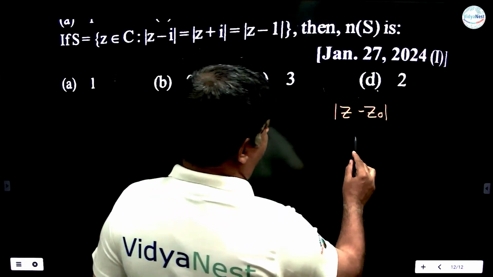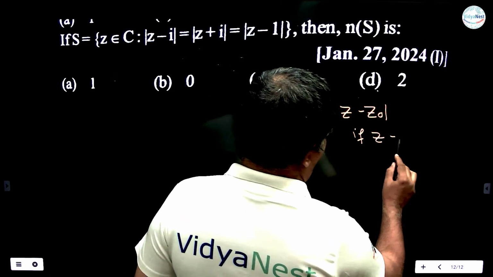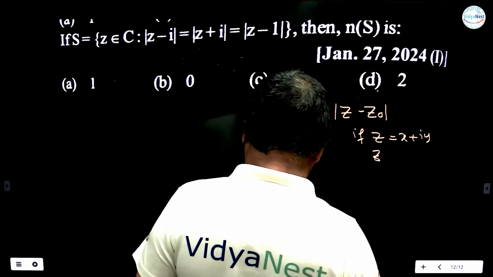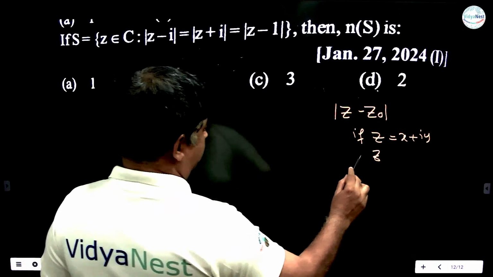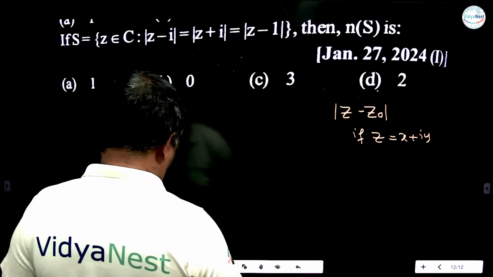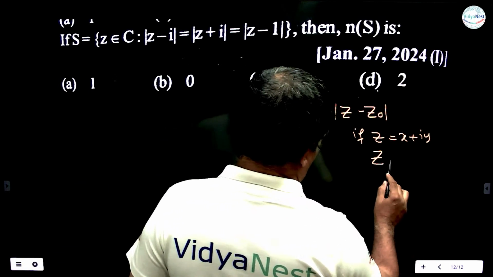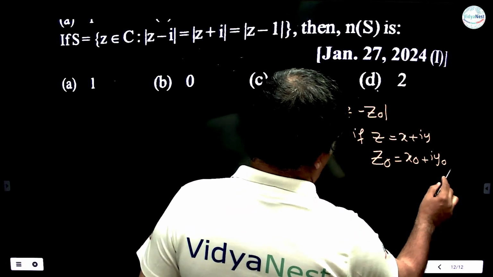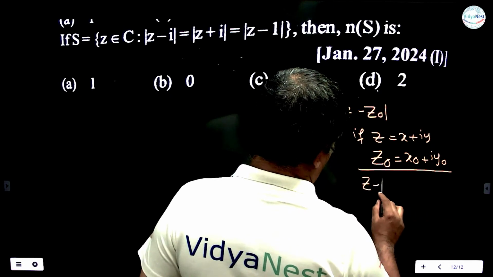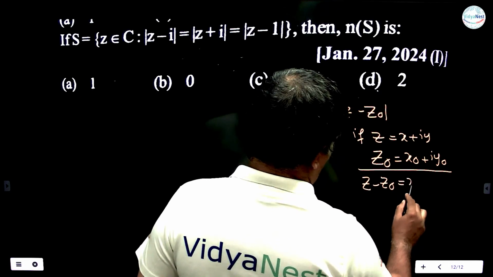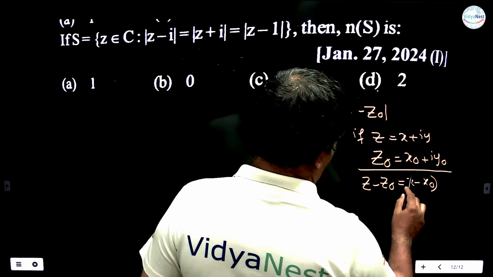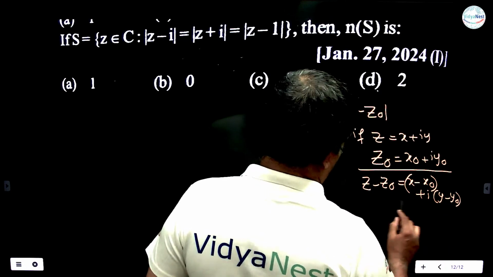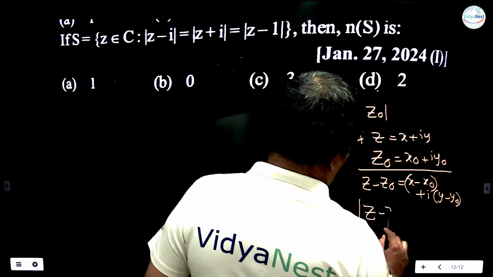Means if z is x plus iy and z0 is x0 plus iy0, and if I subtract, I will get this, and its magnitude.